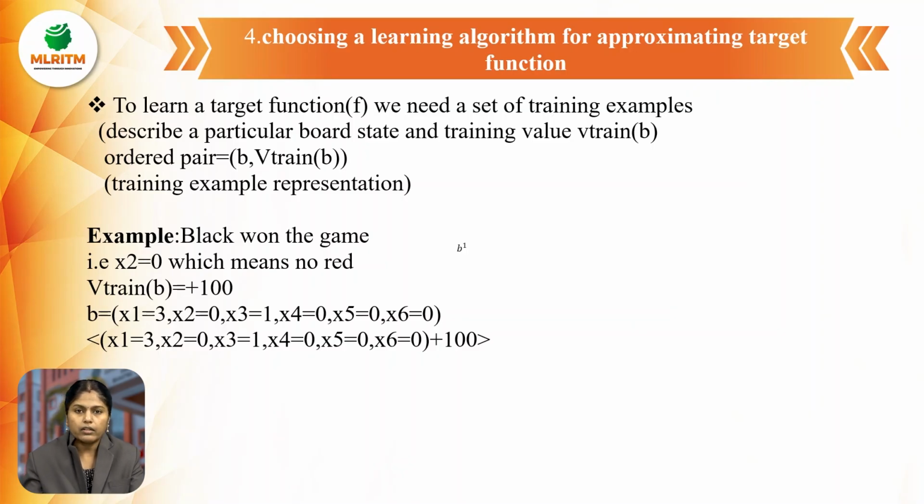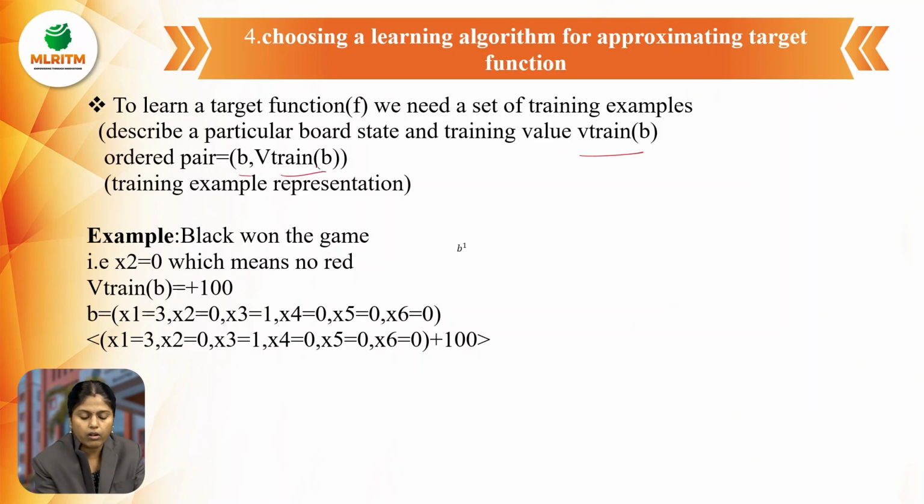See, in these training examples, for a particular board, we describe the board state and a training value. Here we are using ordered pairs. What is the ordered pair? That is b comma V train of b.